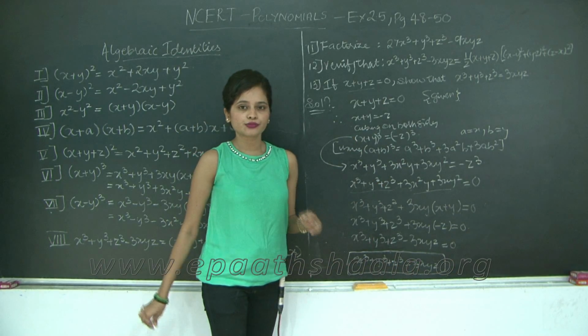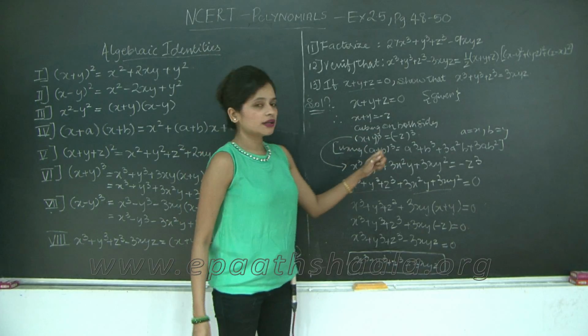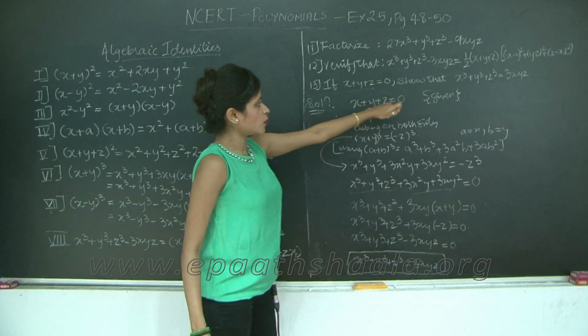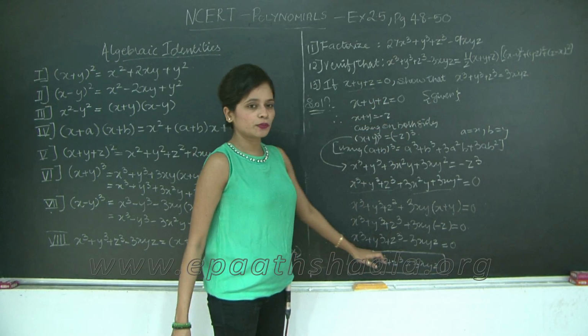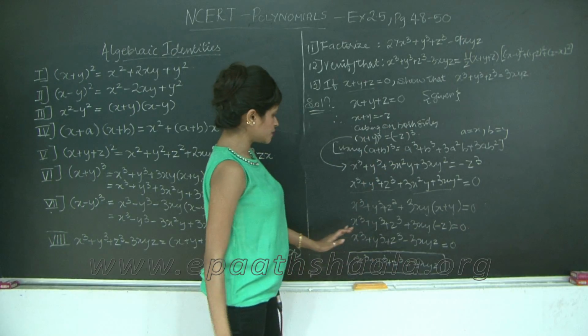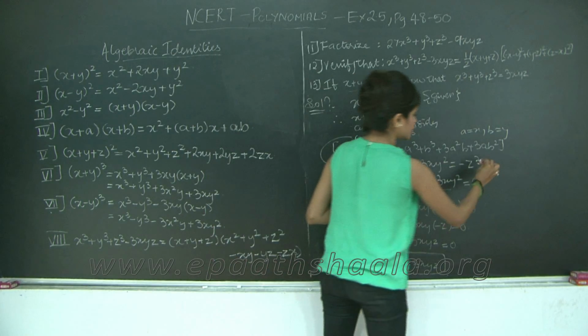This is a very important proof which you will see that we will be using to solve the further questions. So when x + y + z is equal to 0, x³ + y³ + z³ is equal to 3xyz. So I do not have much place to write my answer, so I'll just write it over here.